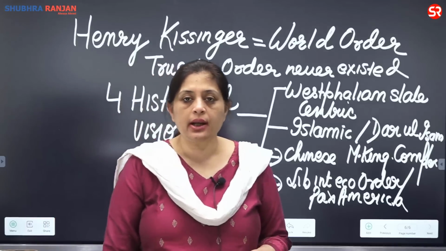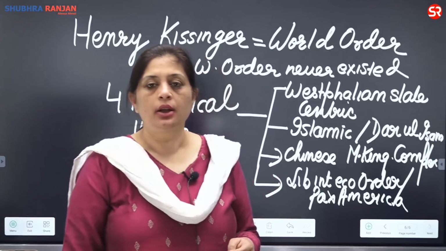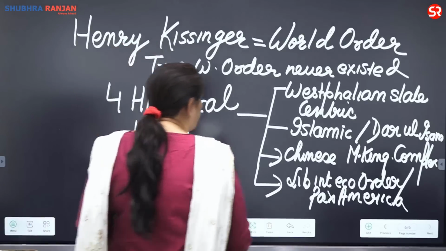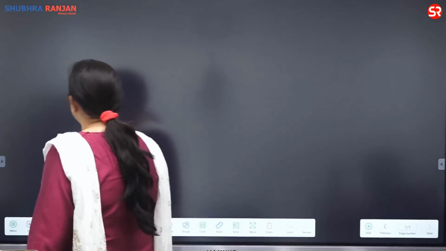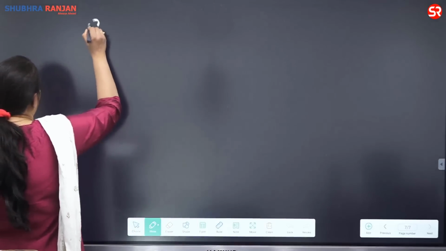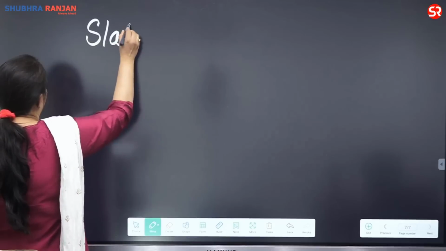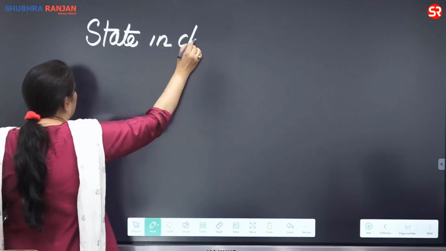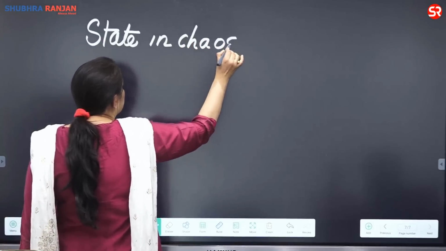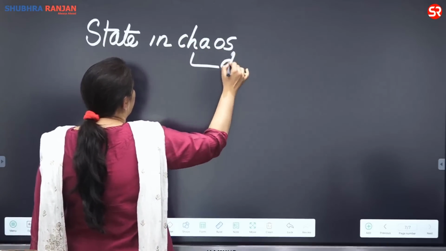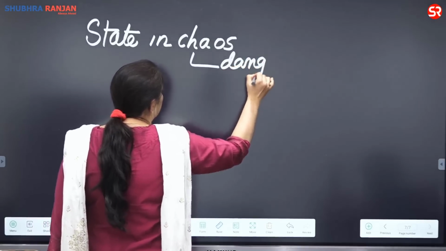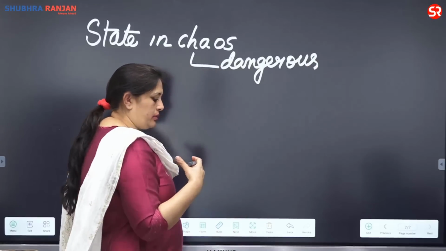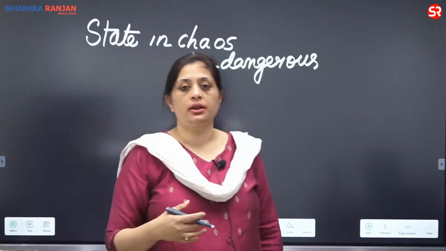Now what Henry Kissinger suggests is that today our world is in a state of chaos. And this chaos is very dangerous because earlier we were not so interconnected.